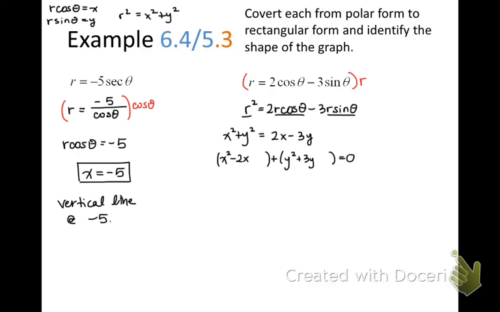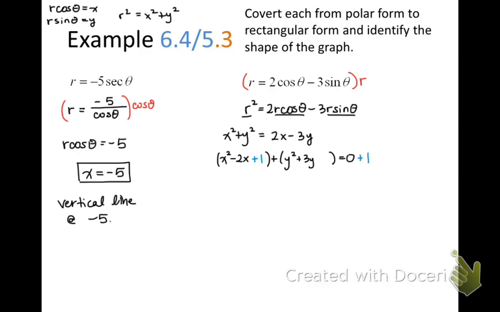So what am I adding in with the x's here? How do you complete the square on that? Plus what? 1. Yep, you take half of the middle term and square it. So half the middle term is 1, square it is still 1. If I add 1 onto one side, add 1 to the other.